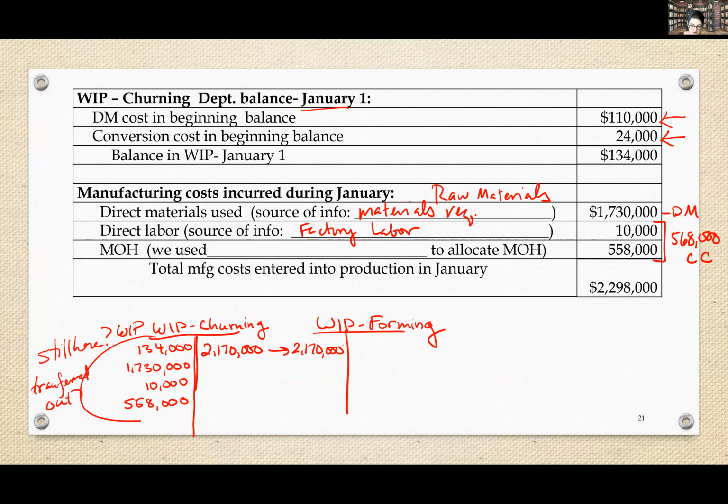Okay, so I'm taking it out of work in process churning, moving it to work in process forming. And then once I do my T account and I add up everything on my debit entries, my beginning work in process plus everything I added, look to see what I transferred out, I am going to have a debit balance of 262,000. And that 262,000 will be the cost associated with the 200,000 pounds of butter that I currently still have.